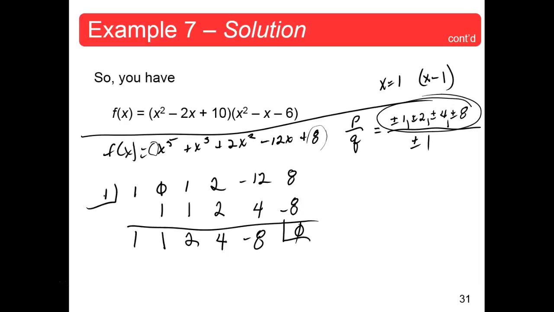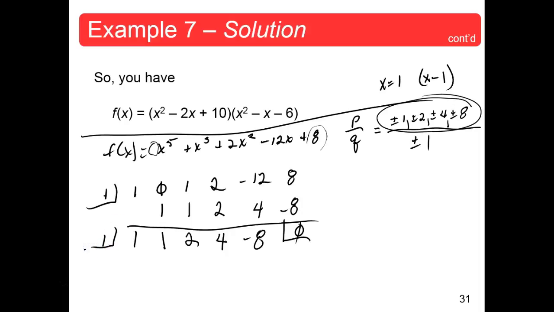So guess what we do again? Let's add those coefficients again to see if we still get a 0, because that 1 could be a multiple root. So let's see again. 1 plus 1 is 2 plus 2 is plus 4 is minus 8 is 0. Hey, we can do it again. Do another 1 into that.